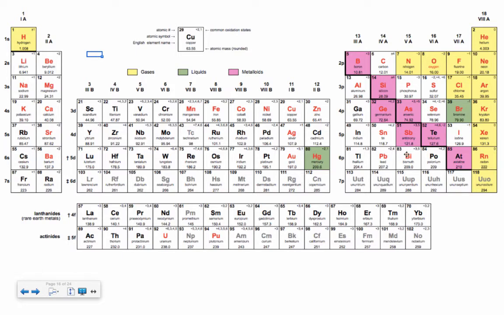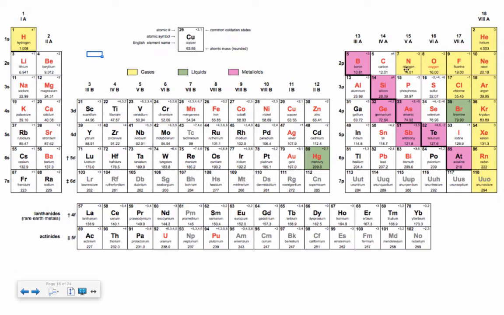What's happening over here, at least for the first two, is that we have made a transition between losing electrons and gaining electrons. As you move over, there's a greater tendency to gain electrons. The atoms can still lose electrons, but it's just that their most likely state is to have lost electrons.